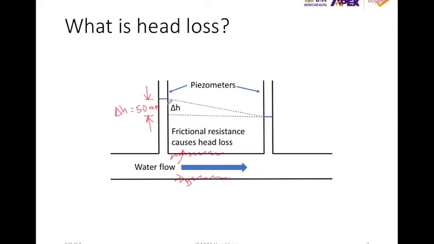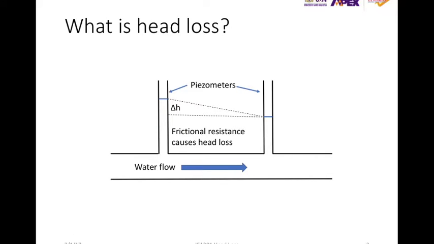Now, since this tube is representative of the pressure of the water, we call these tubes piezometers. Piezo means pressure, meters would mean a way to measure the pressure. So these tubes measure pressure, but the key point here is that we don't measure absolute pressure, but we measure the difference in pressure.